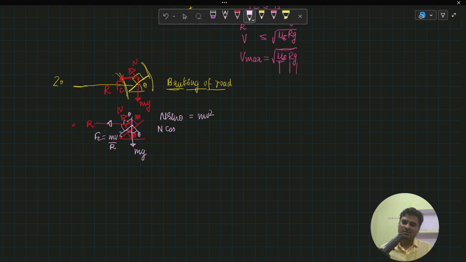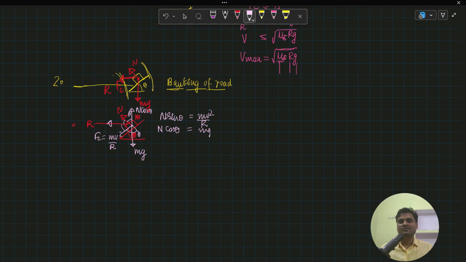This is towards the center. And n cos theta, in this direction, will be equal to mg.